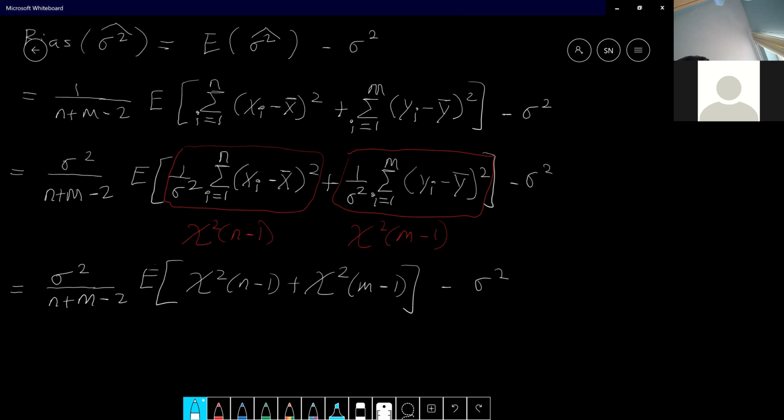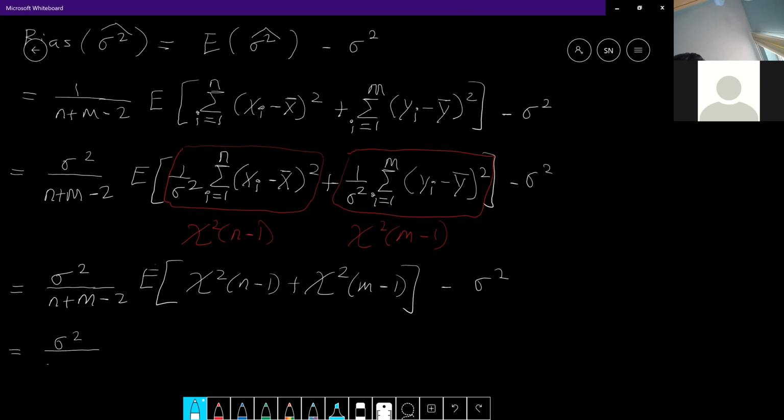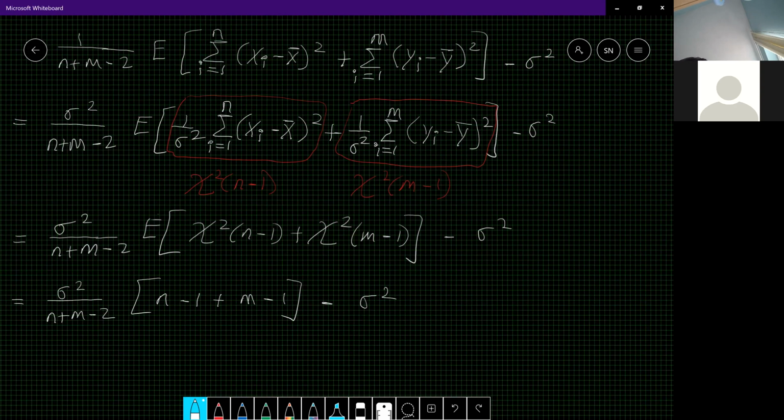Now if you take the expectation inside, the expectation of chi squared n minus 1, I don't know whether you remember, is actually n minus 1. And the expectation of chi squared m minus 1 is also m minus 1. So we get this to be 0.